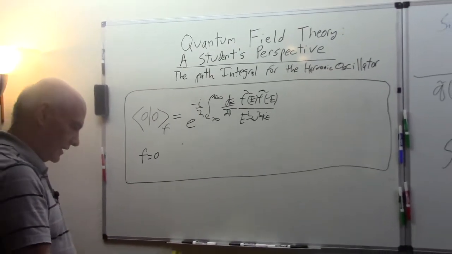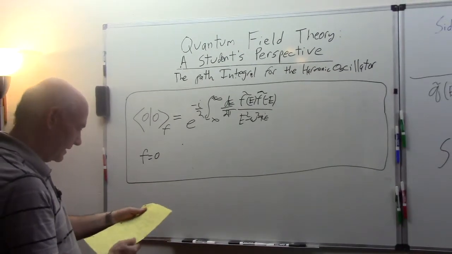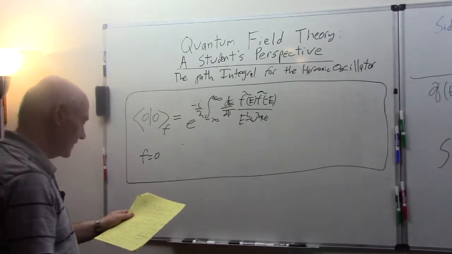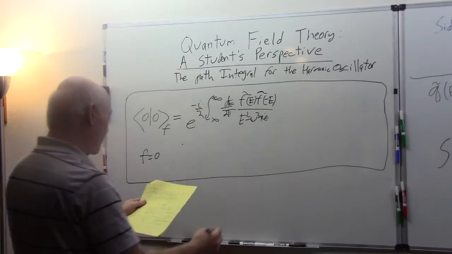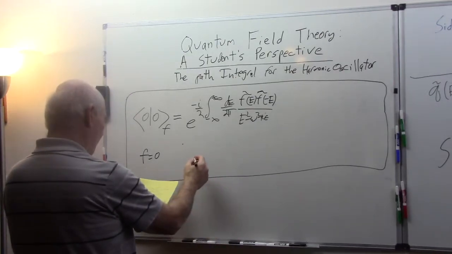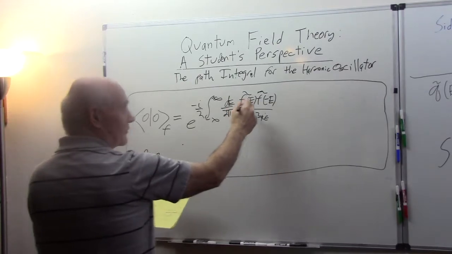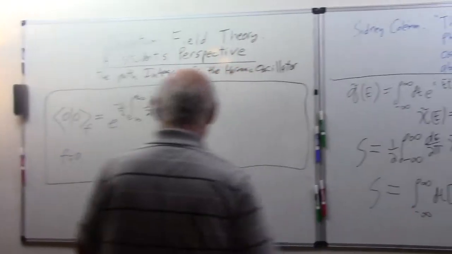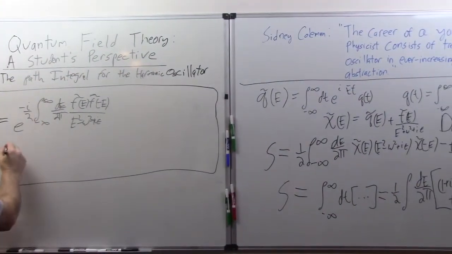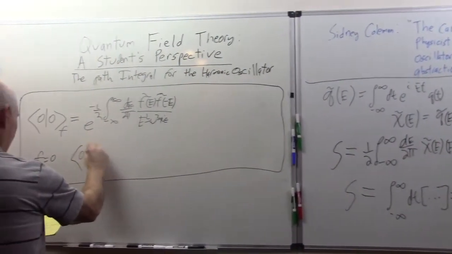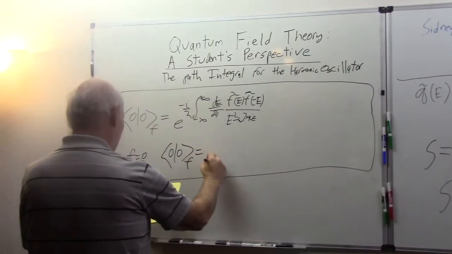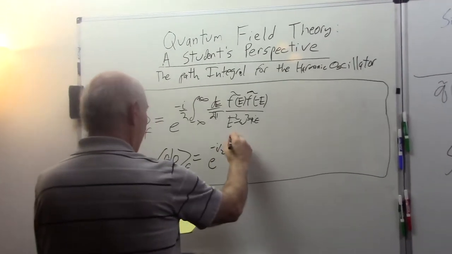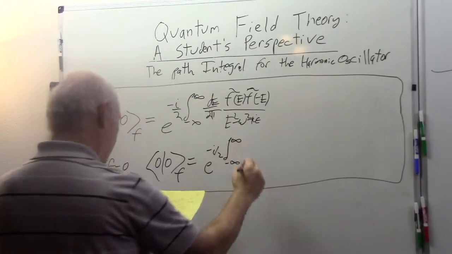And we can now do some manipulations here. We can go to the time domain. I can put back the Fourier transform variables, put back the time domain, and we'll get something like <0|0>_f is equal to e to the minus i over 2, integral from minus infinity to infinity.